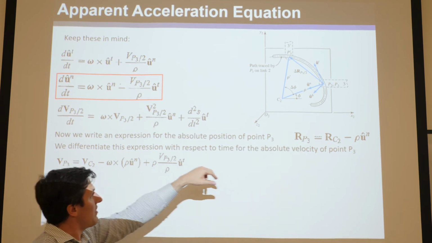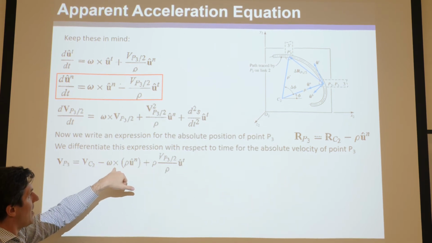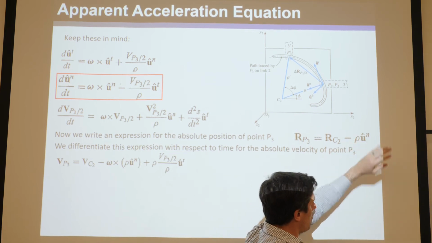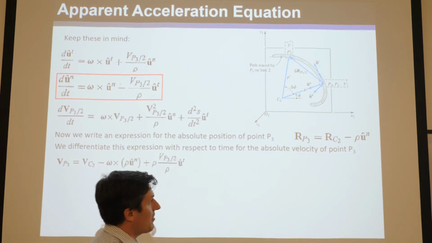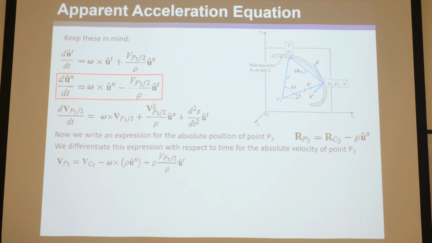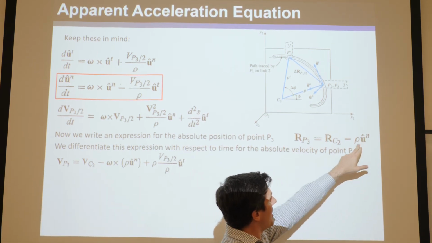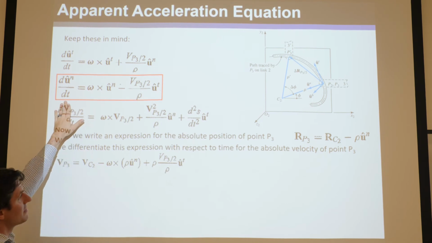Okay, and then we take the derivative of minus rho UN. Okay, well, what's the derivative of that one? Well, the derivative of rho UN, you're going to take the derivative of this guy with respect to time, which I boxed here.